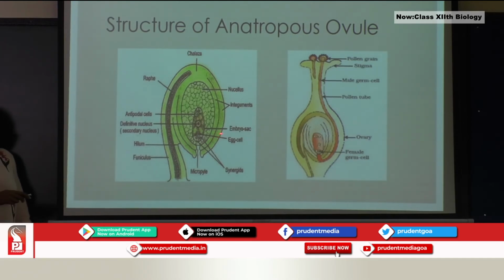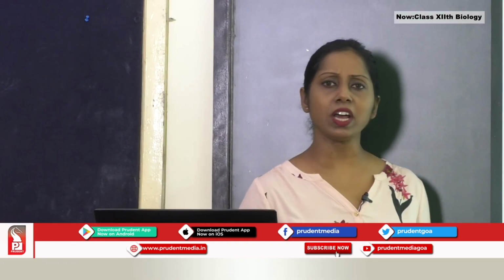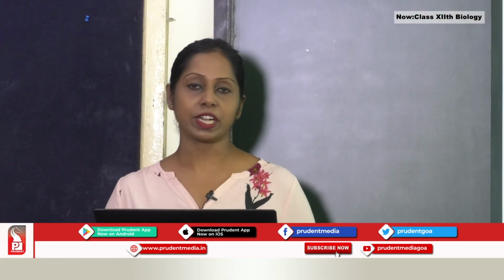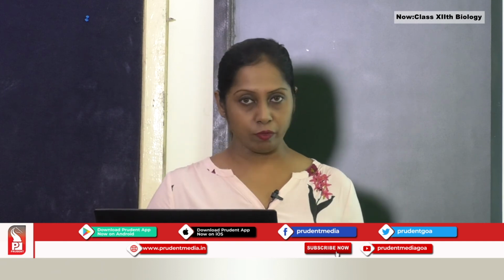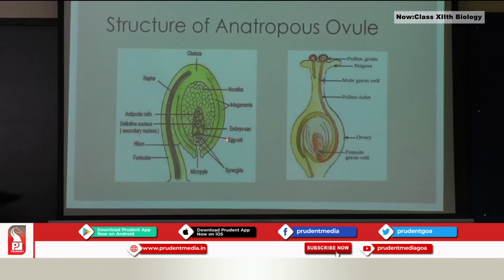Starting from the outside, we have two layers here, which is called the outer integument and the inner integument. Outer integument and inner integument. What are these? These are protective sheets or protective layers for the ovule structure. So inner to the outer integument and inner integument, you have this tissue. What is this tissue known as?